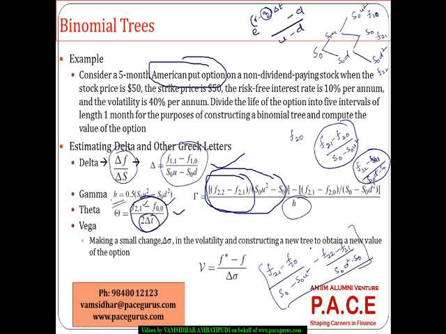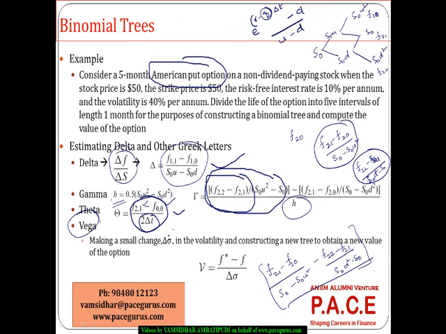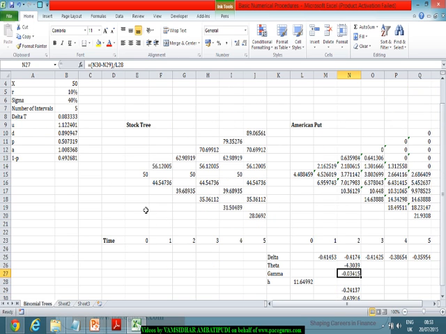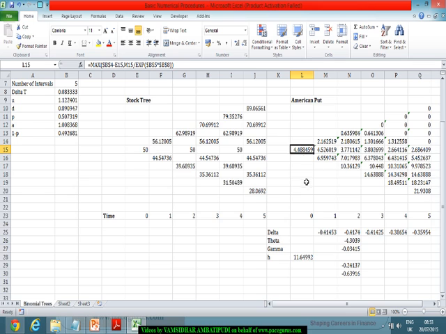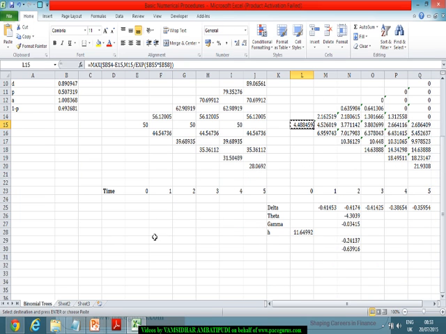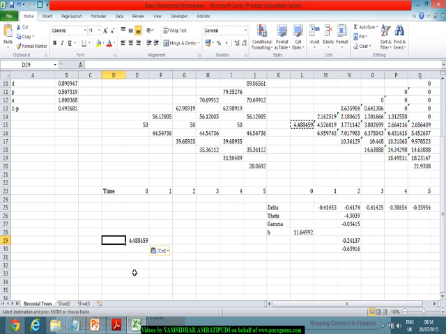Then if at all I have to go with the vega, directly from here I can't compute the vega. All I have to change is I have to change the sigma a little bit and finally do the computation of the price. Probably instead of 40%, what I can do is, okay, when the sigma is 40%, let's say this is the price of the put option.